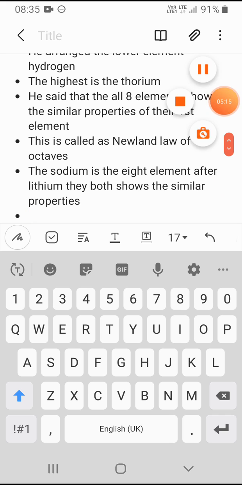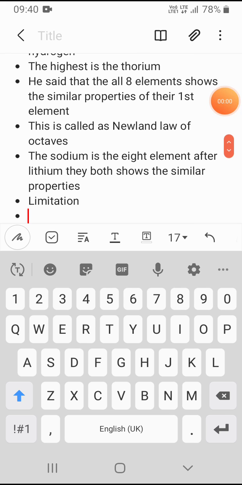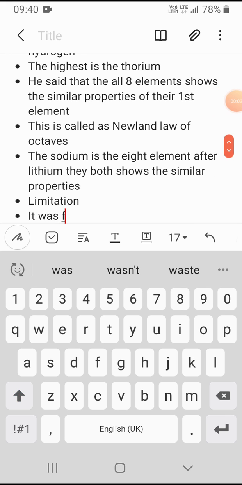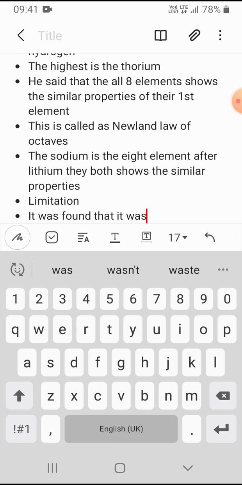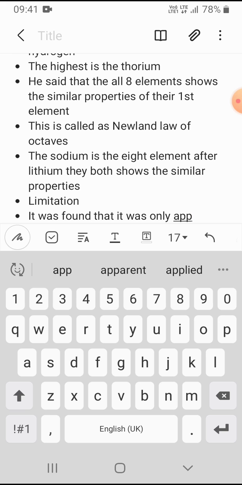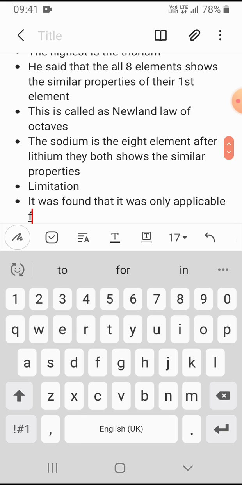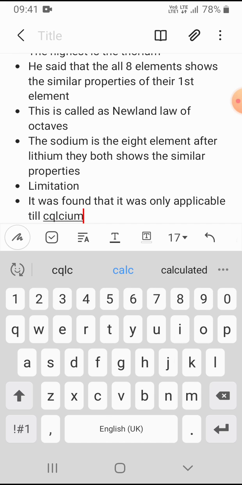It was found that this law of octaves was only applicable till the calcium element.